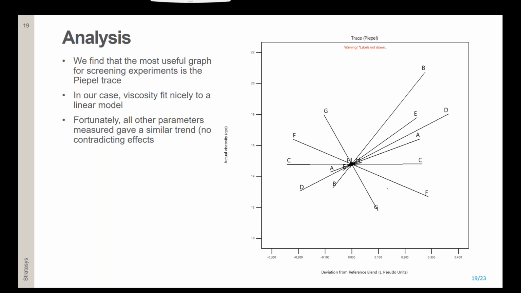So why did we need that? Because if I had found that everything had an effect, either for good or for bad, or for better or for worse, it would have been difficult to adjust the viscosity and maintain the required qualities.